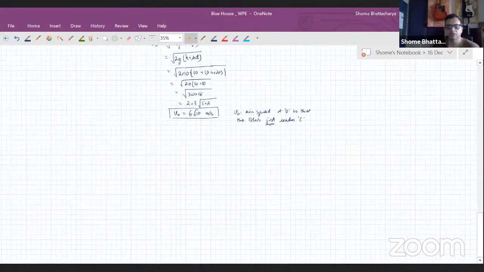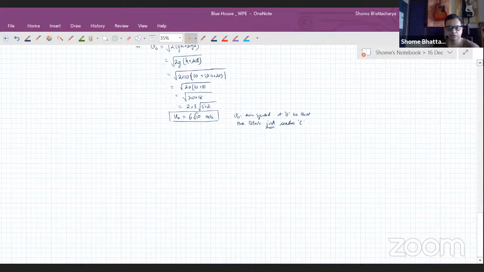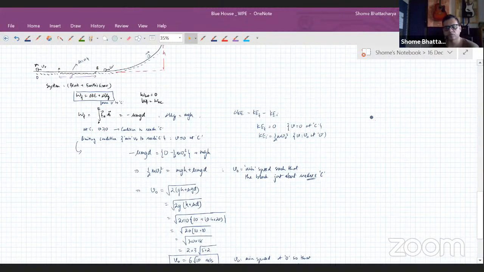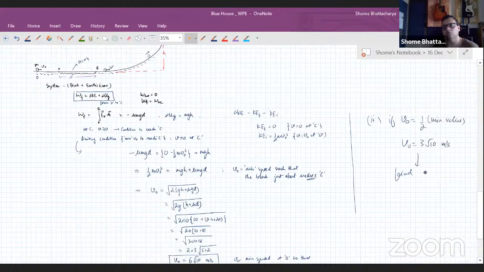Okay, so take this down and now work out the second part yourself. Find out what's happening to the block if v naught is half of this minimum value. So if v naught is 3 root 10 meters per second, then find how far will the block go.